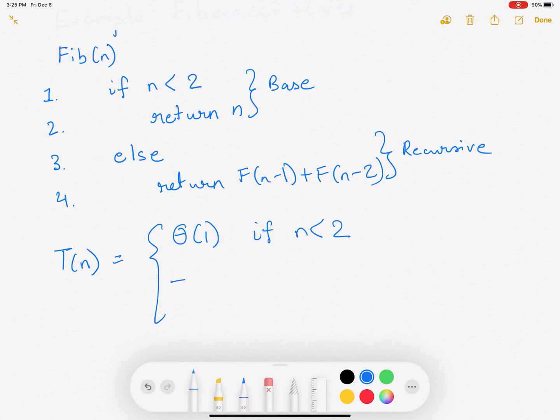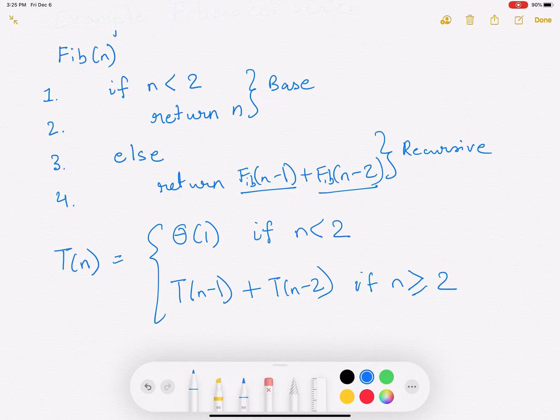Now, for n greater than or equal to 2, it will be T(n-1) plus T(n-2), because we have called fib(n-1) and fib(n-2). So that's why we have that runtime as well.